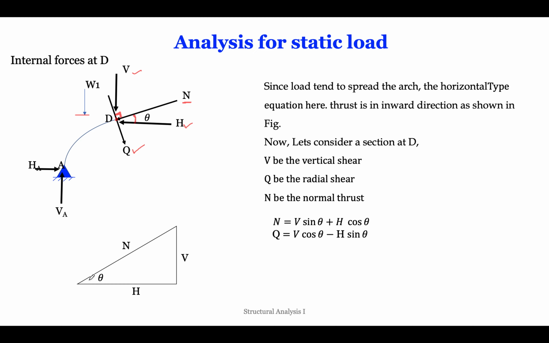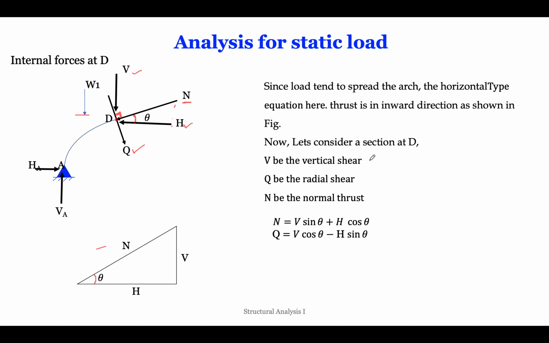To calculate the components, we can draw a triangle like this and, using tan theta, sin theta, cos theta, arrive at the final equations. Since load tends to spread the arch, the horizontal thrust equation is here. So here the thrust is in the inward direction.